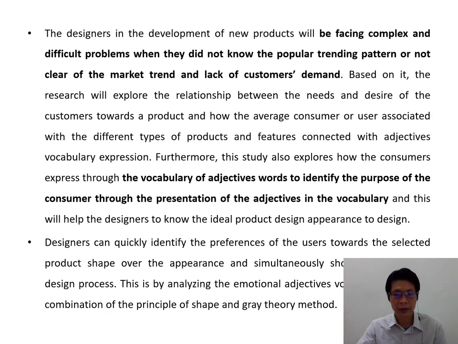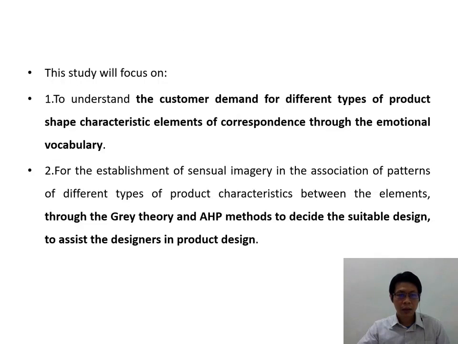This is done by energizing the emotion adjective vocabulary test, combined with the principle of the shape and grey system theory method. This study will focus on two things. The first is to understand customer demand for different types of product shape and characteristic elements, through emotional vocabulary.